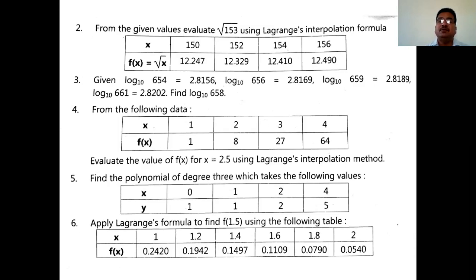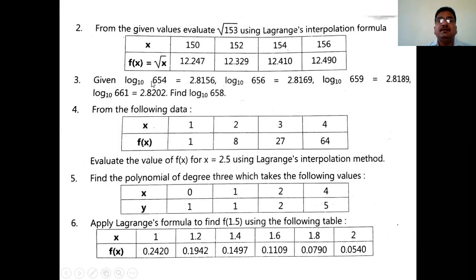It is applicable if the values are not equidistant, and also if they are equidistant. But the first two formulas, Newton forward and Newton backward, are not applicable if the values of x are not equidistant. Lagrange's interpolation formula is applicable whether the values are equidistant or not.